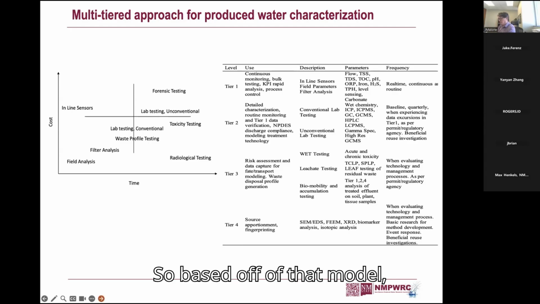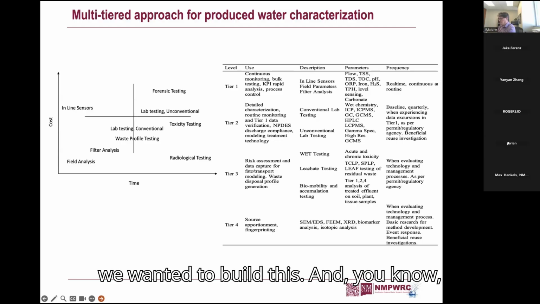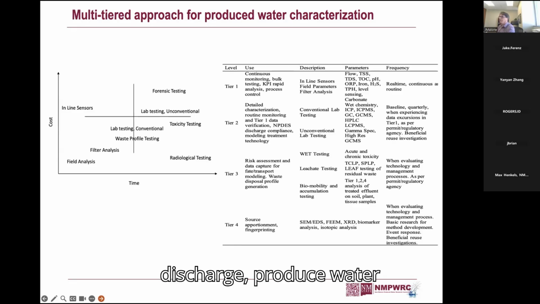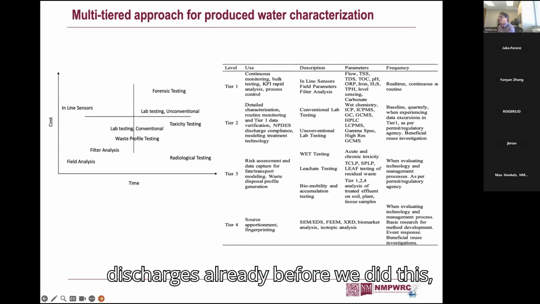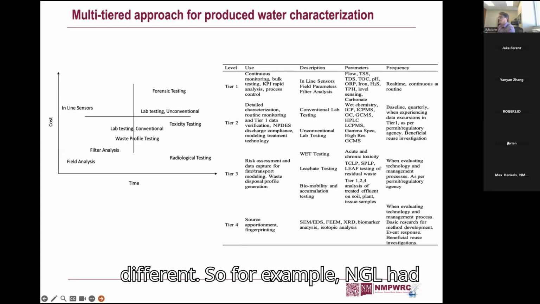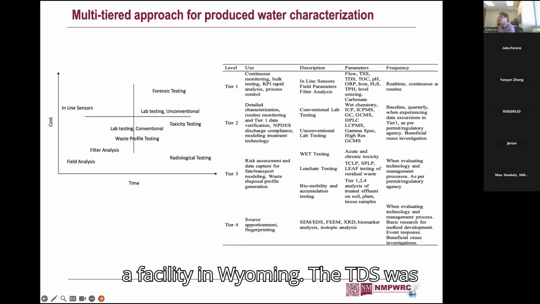So based off of that model, we wanted to build this, and as Dan mentioned, there were a few produced water discharges already before we did this, but all of those were different. For example, NGL had a facility in Wyoming.